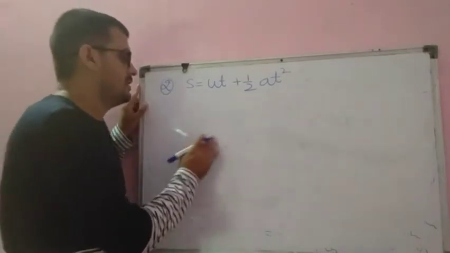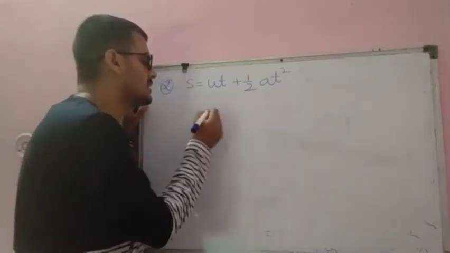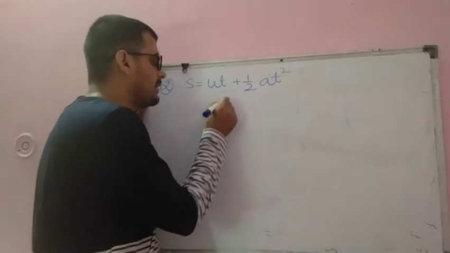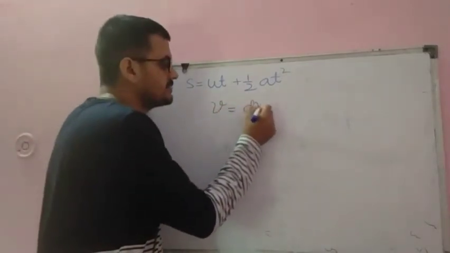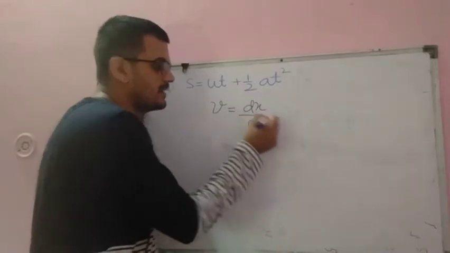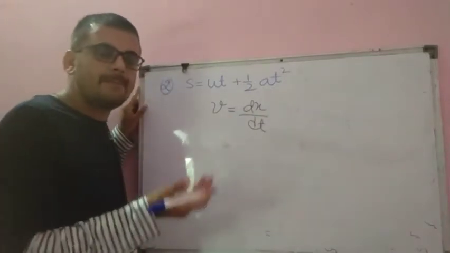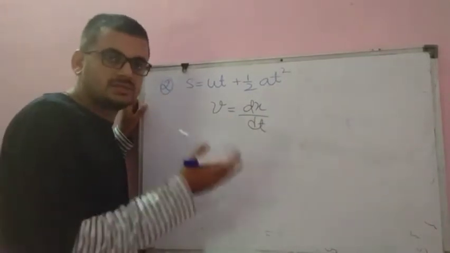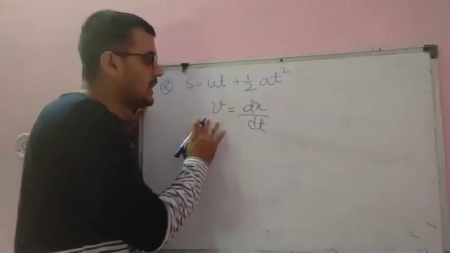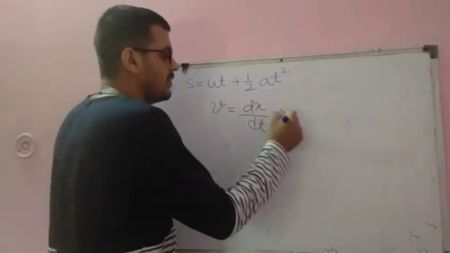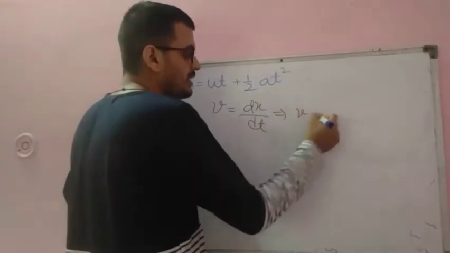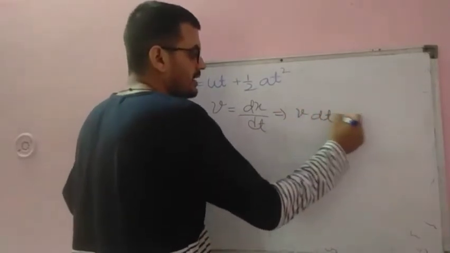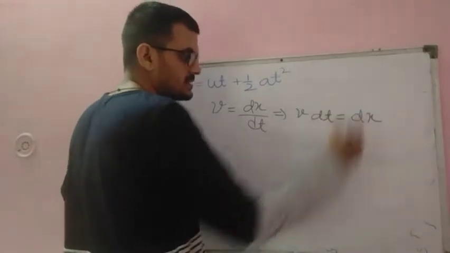For proving this, what is the value of velocity v? v equal to change in displacement upon time, or displacement per unit time. Change in displacement per unit time is called velocity. So multiply dt with v: v dt equal to dx.